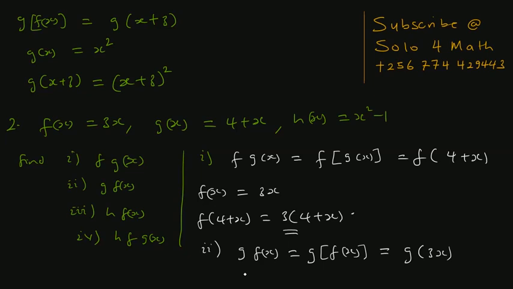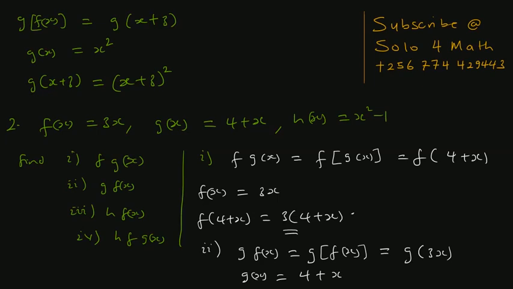But g(x) is equal to 4 plus x. So meaning if you want to find g of 3x, we compare. This 3x is taking a position of x in the function g. So in this function where there is x, we shall put the 3x to get g(3x).